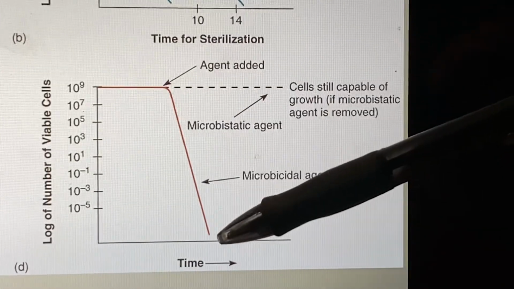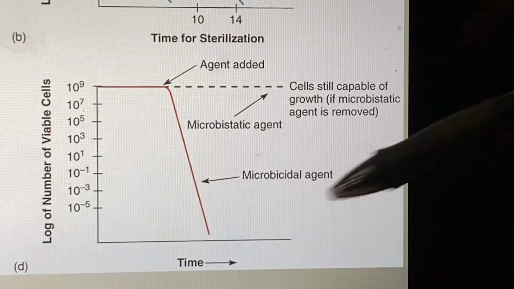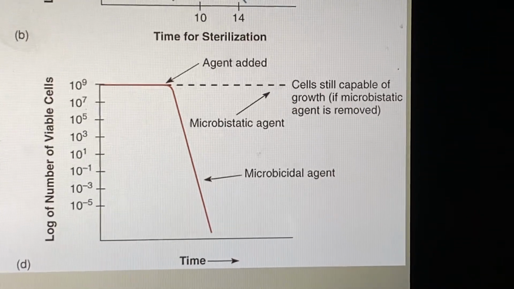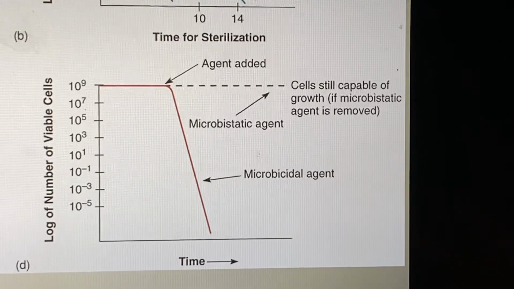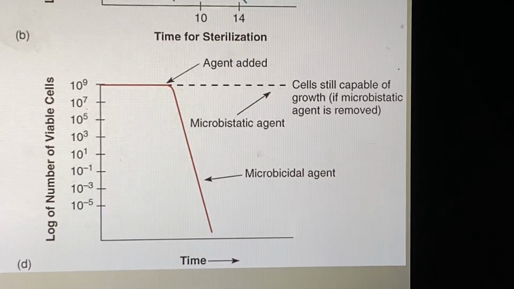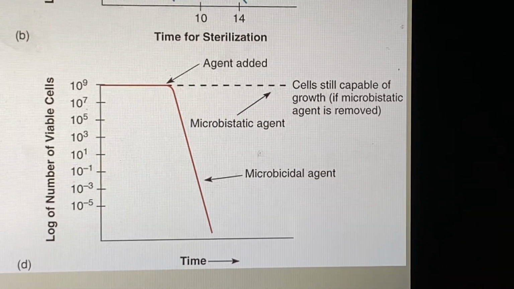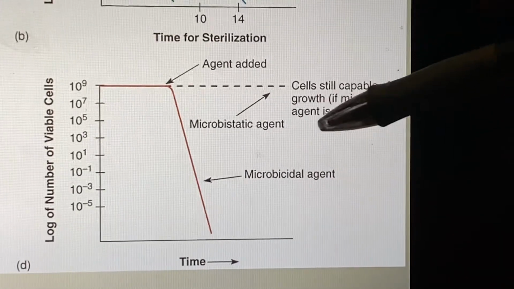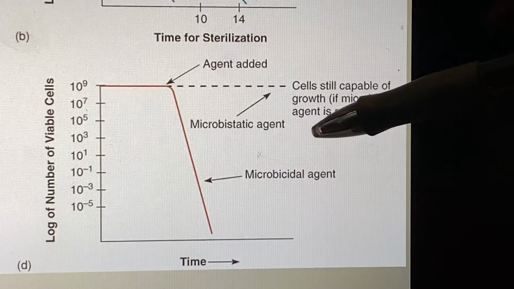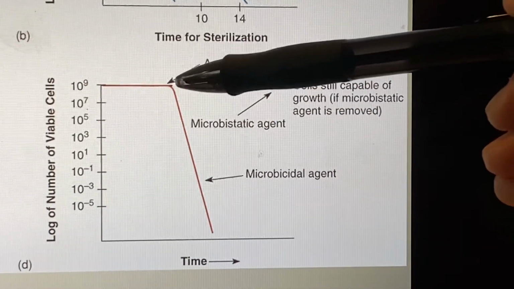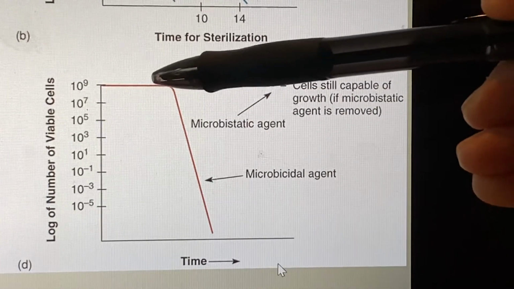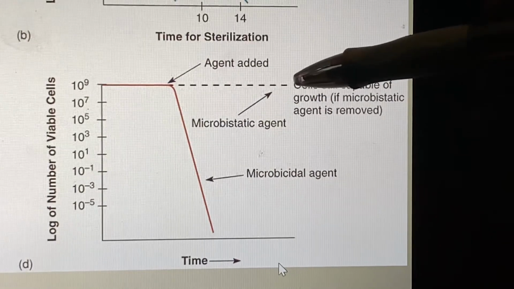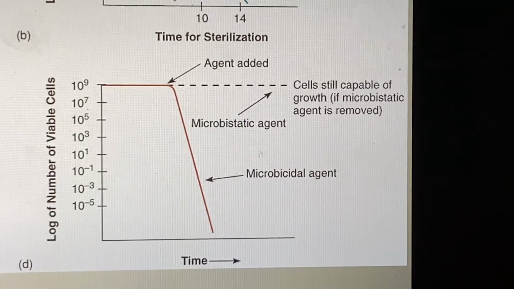They're going to die exponentially, and then hopefully all of that bacteria that was causing the infection is gone. This is what I had mentioned about how drugs are prescribed. If the drug is given in microbistatic levels, it prevents further growth, but you're still going to have cells that continue to grow at this level.